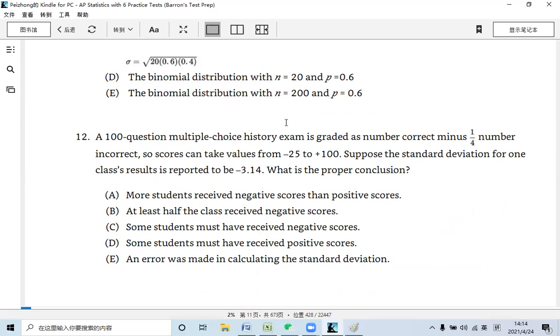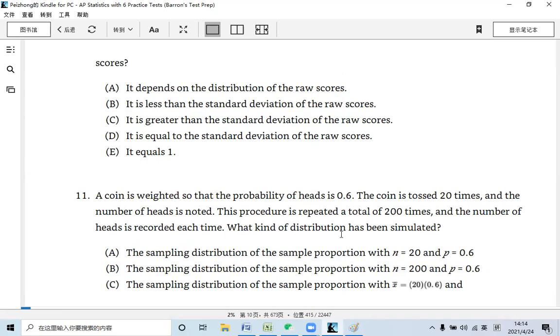N, what is N? N is the number of trials. The coin is tossed 20 times.